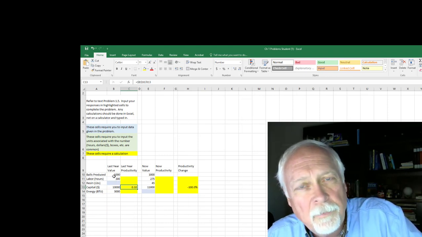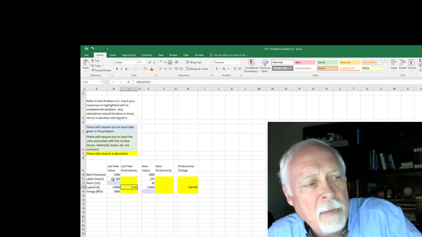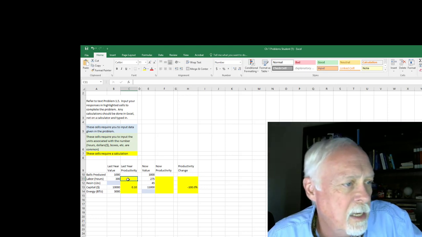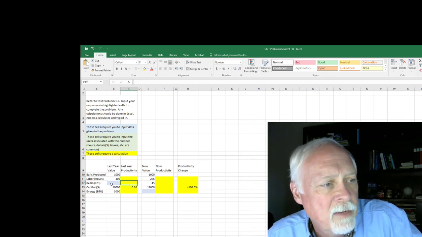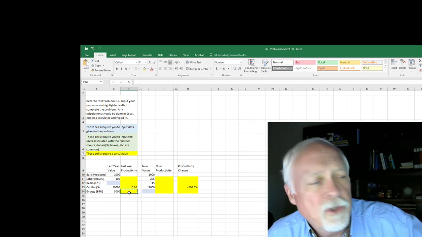Now in the next problem, you're doing the same thing. Your outputs are balls produced, and your inputs vary. So you can calculate what is essentially a labor productivity, which would be over here in C11. Resin productivity, though I'm missing a resin input there. Capital productivity, which I did for you, or an energy productivity.